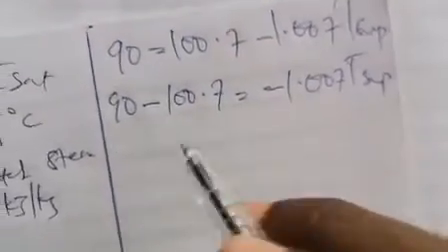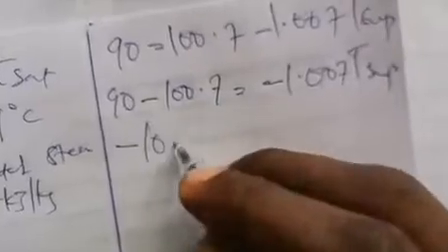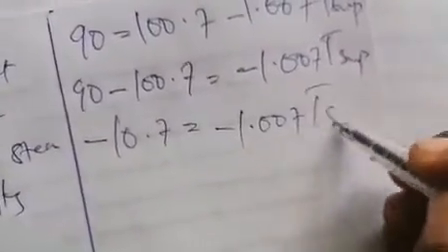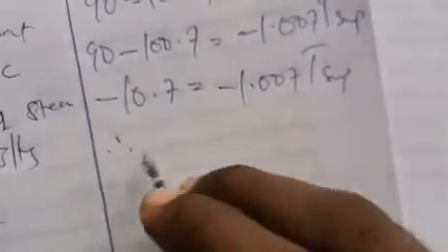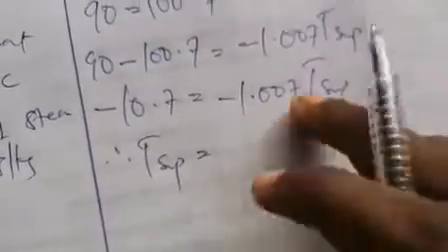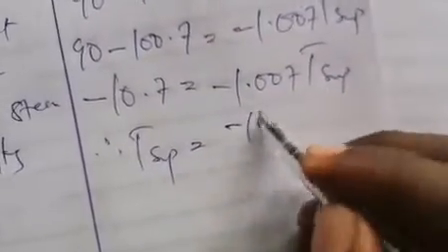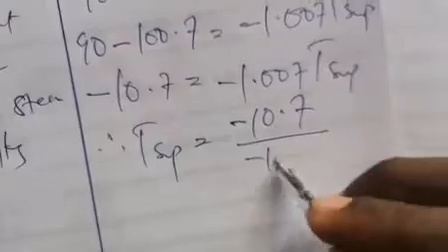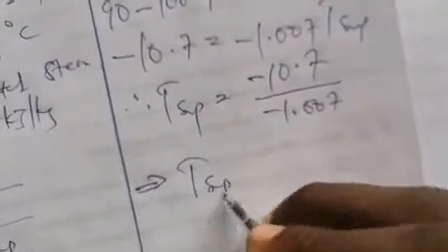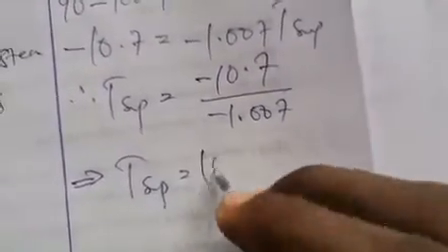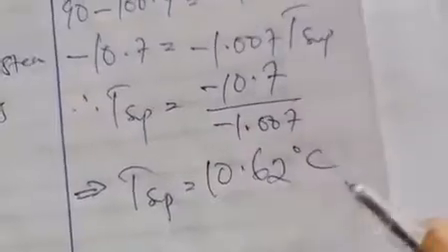And 90 minus this simply gives us minus 10.7 equals minus 1.007 T superheated. So we can now make T superheated the subject by dividing both sides by minus 1.007. So minus 10.7 divided by minus 1.007 implies that the superheated temperature is equal to 10.62 degrees Celsius.